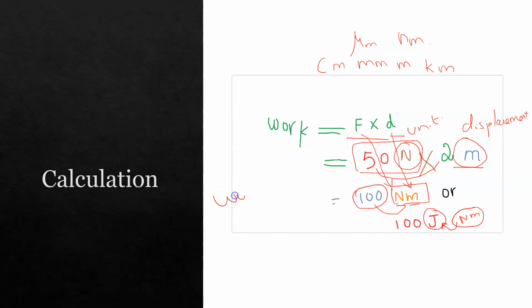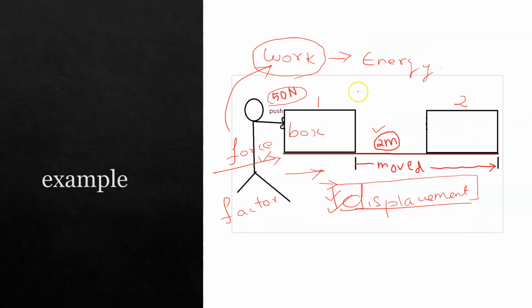So if you do any calculation for work, for the final unit you can write either Newton meter or joules. Now we can have another discussion. If you apply 100 Newton force, will the displacement be the same, small or big? It will be big, of course, right?